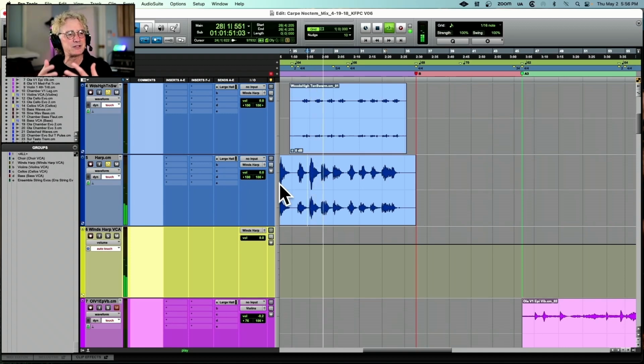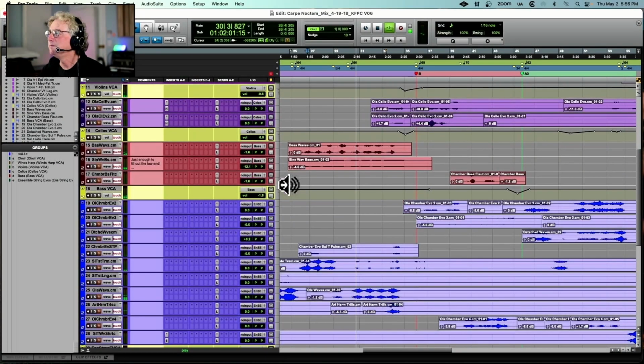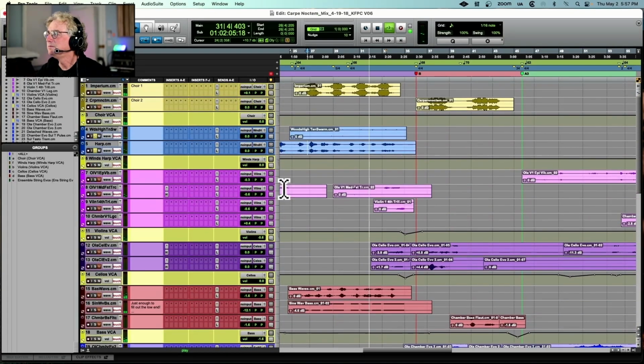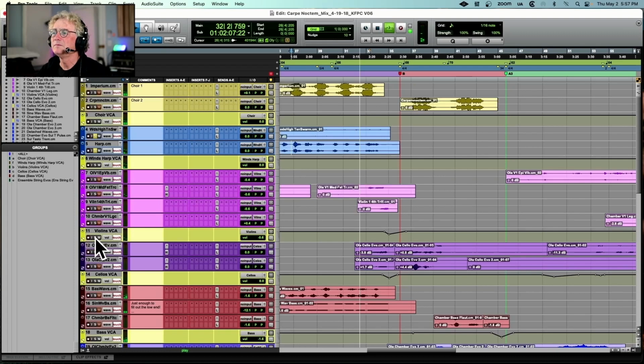You need something that's just a straight instrument to ground it with no crazy articulations and time-evolving timbres. So that's violins.